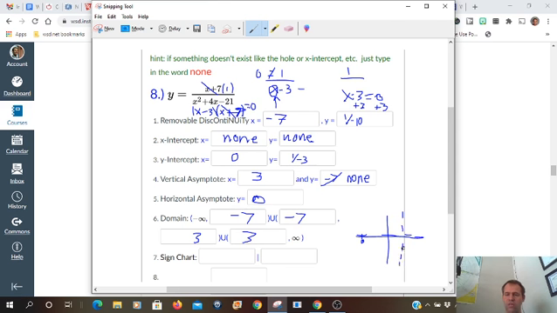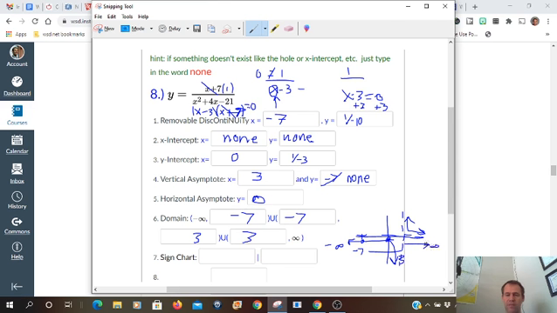A lot of times it's easier to see the domain after you graph it. We go through the hole, come along, and have a y-intercept at -1/3, right about there. The graph goes through there, then down here, and then up here to the right. Now you can see the domain is all real numbers from negative infinity, it hits the hole, has to jump over -7, union -7 to 3, and union 3 to infinity, where 3 is your vertical asymptote that we're skipping.